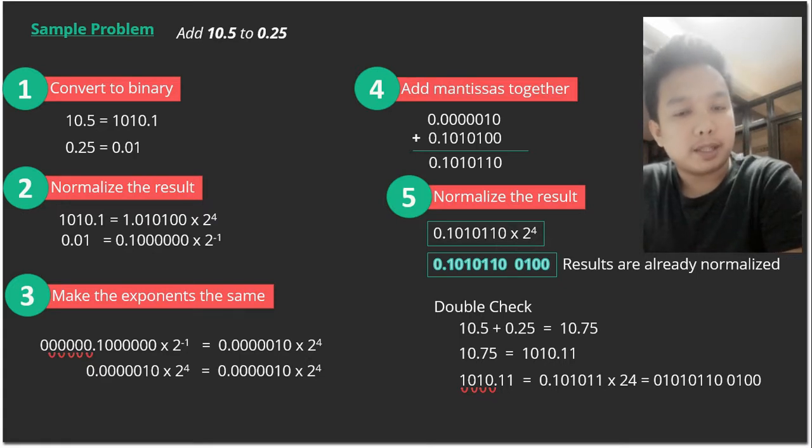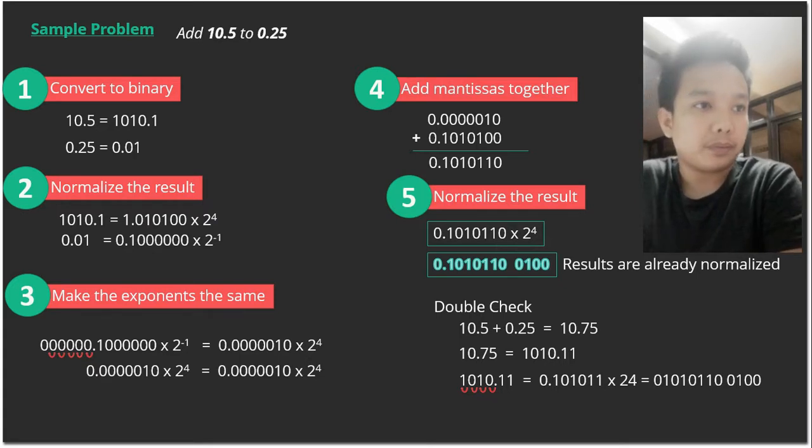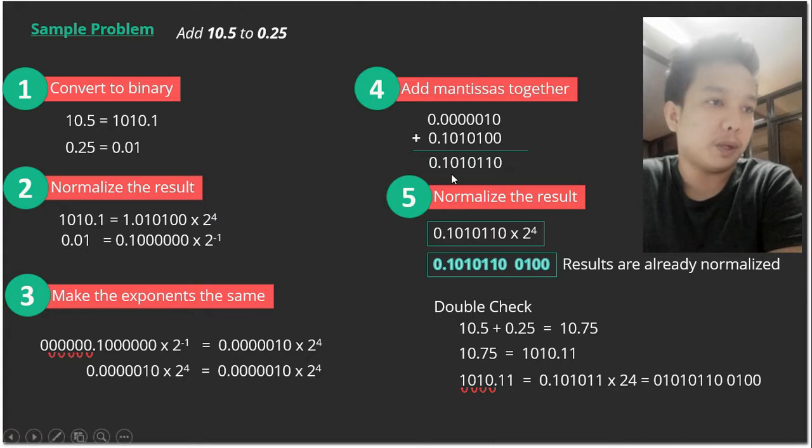Now you can add the mantissas together. 0 plus 0 is equal to 0. 1 plus 0 is equal to 1. 0 plus 1 is equal to 1. 0 plus 0 is equal to 0. 0 plus 1 equals 1. 0 plus 0 is equal to 0. 0 plus 1 equals 1. And 0 plus 0 equals 0.